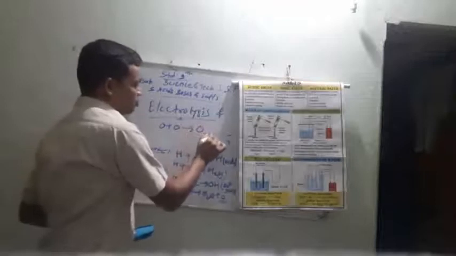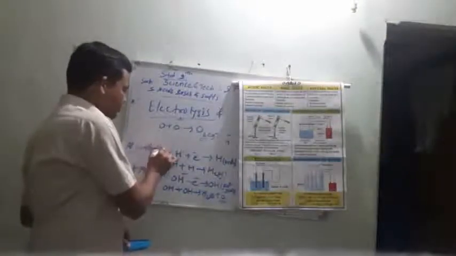Hydrogen plus oxygen. But this oxygen is not stable. So it will add with another oxygen, oxygen plus oxygen, and then there is a formation of oxygen gas.